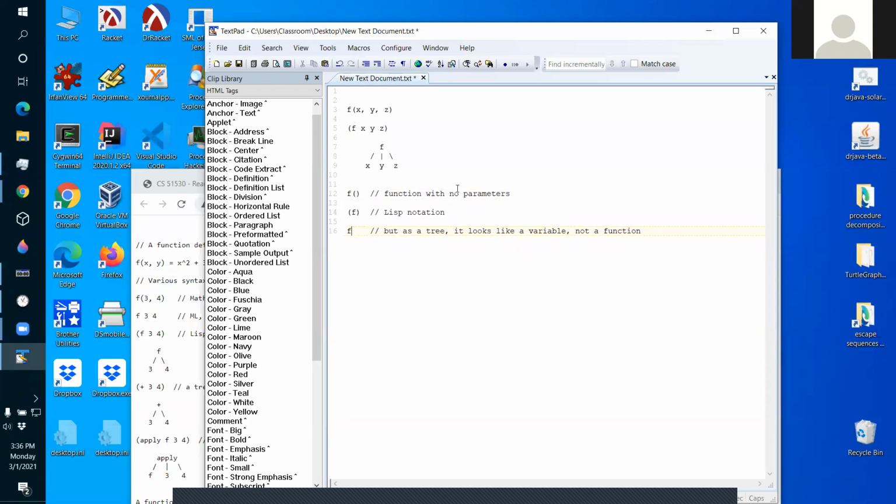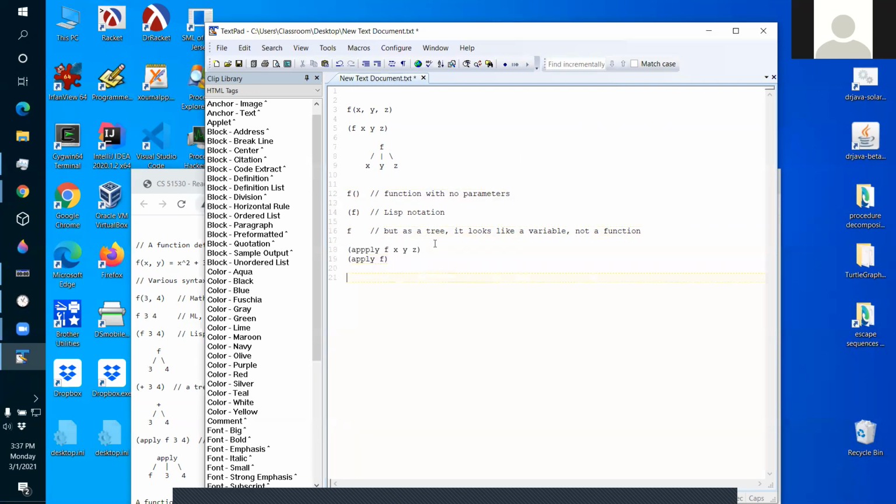That's one reason for you. Now, if you turn that into the apply notation, the first one would be apply f to x, y, z. That's a tree. And then the no argument one would be apply f. That's still a tree. Both of these are trees.